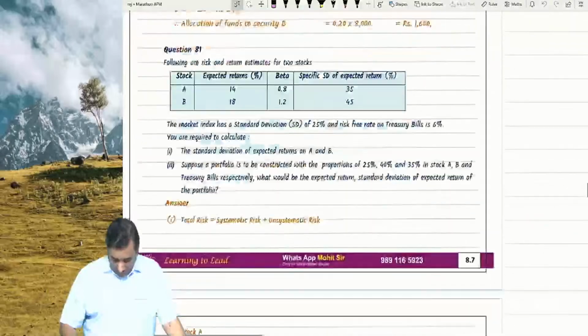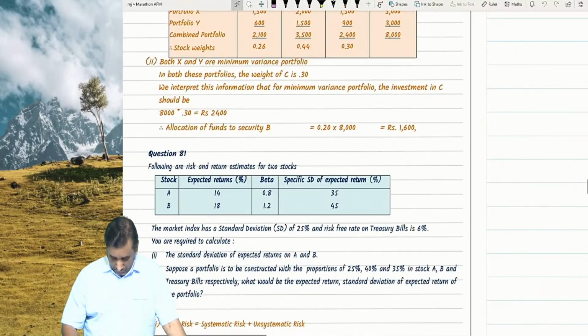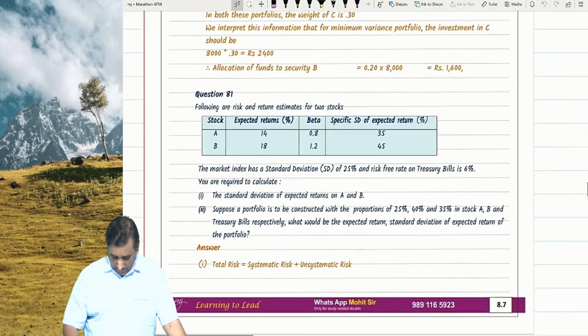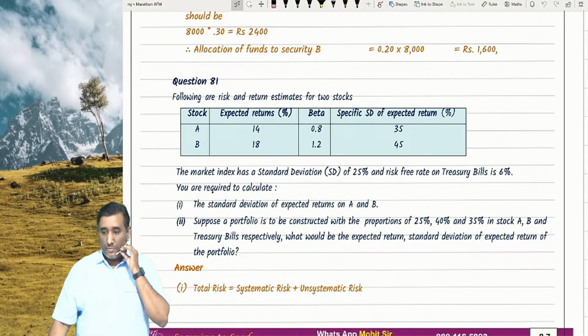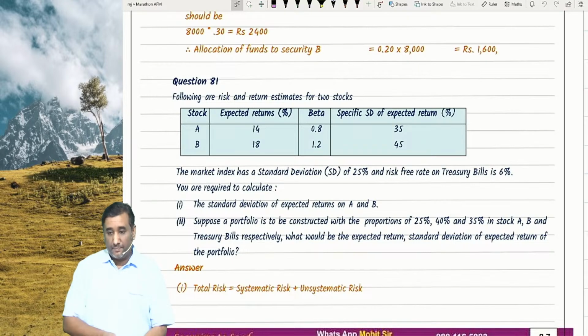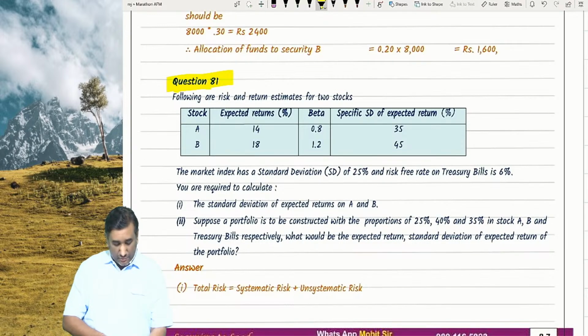Let's try question 81 as a warm-up exercise. It is based on systematic and unsystematic risk.